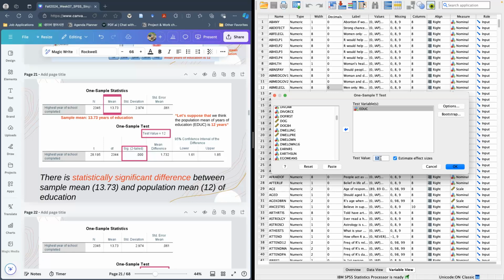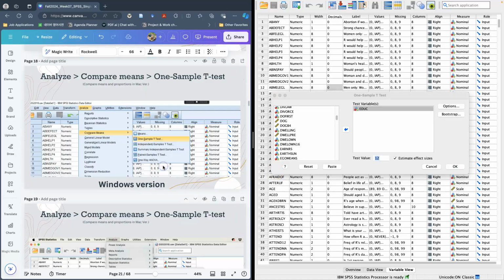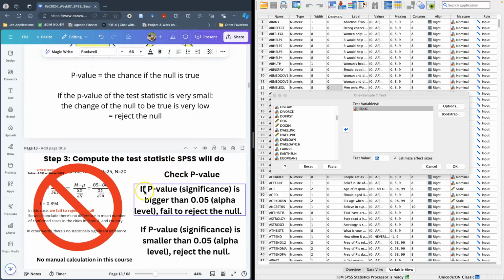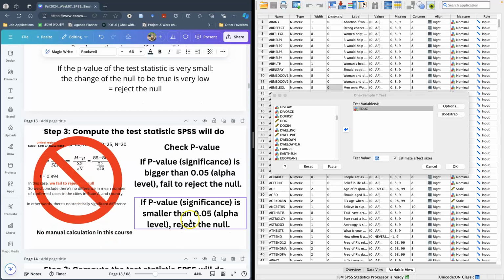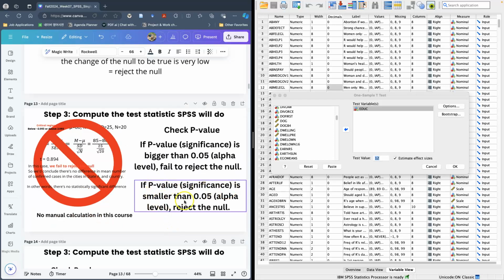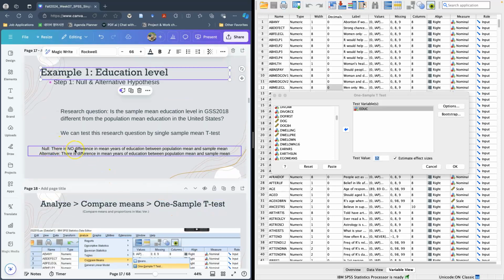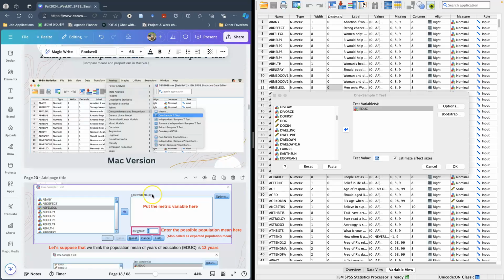The population years of education is the mean of the population. I mentioned that if the p-value significance is bigger than 0.05, fail to reject the null. If the p-value is smaller than 0.05, reject the null. Here, the null hypothesis was there was no difference. The alternative or research hypothesis was there is a difference.